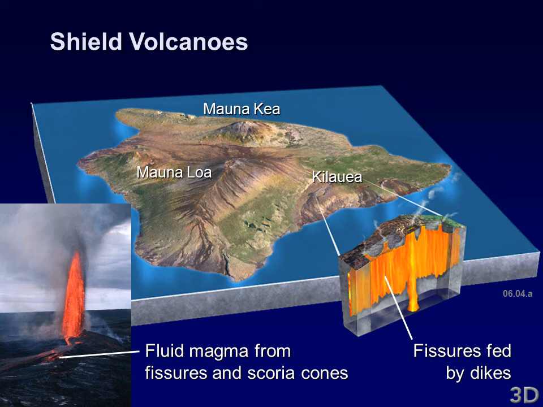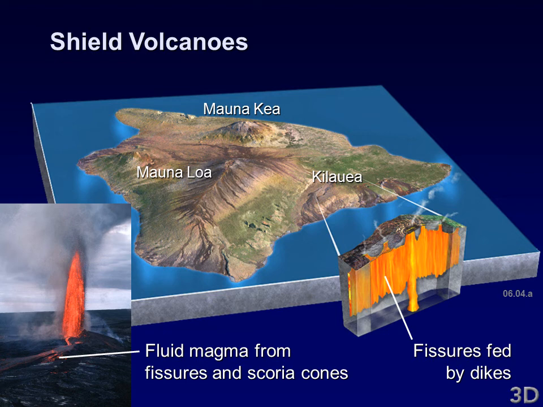Mauna Loa is the world's largest volcano at 29,520 feet above the sea floor. That works out to 13,680 feet above sea level because it extends quite a ways below the ocean. Mauna Loa's spine is a fissure fed by dikes.